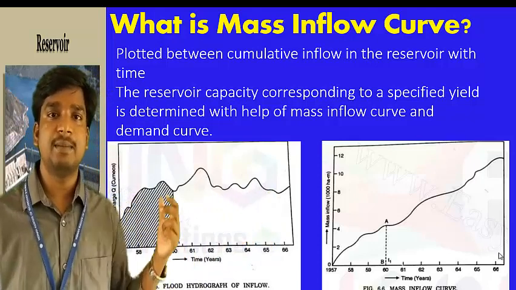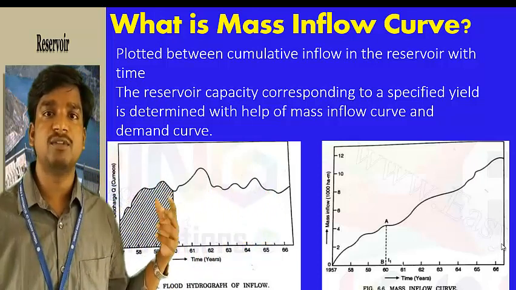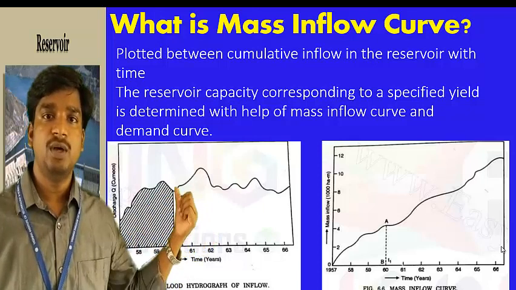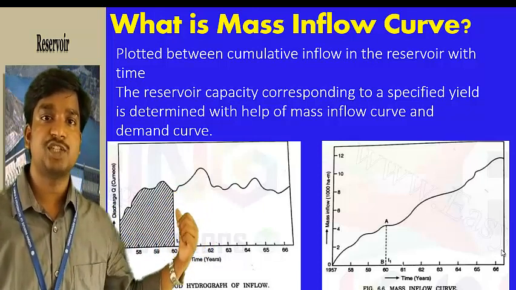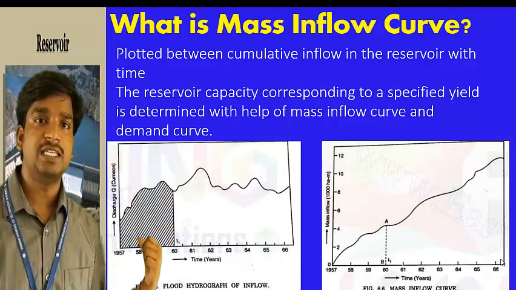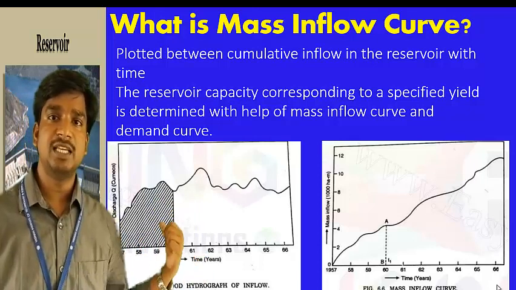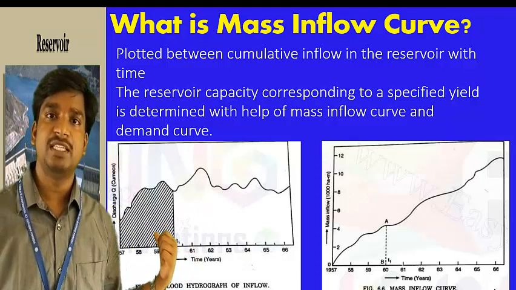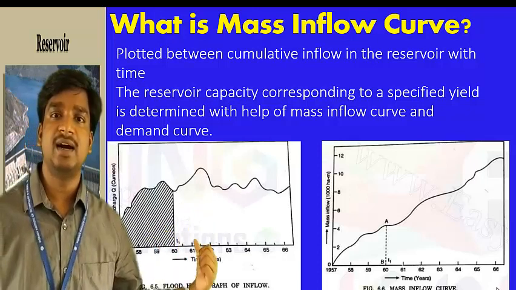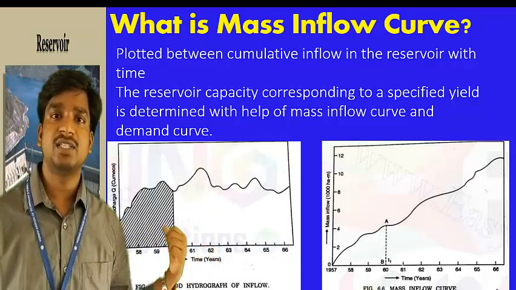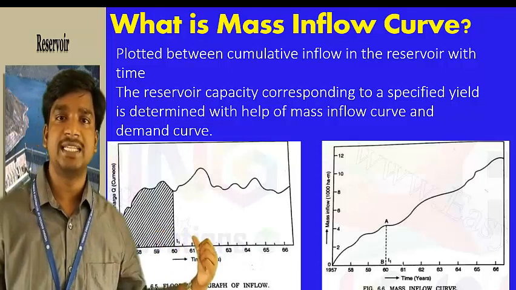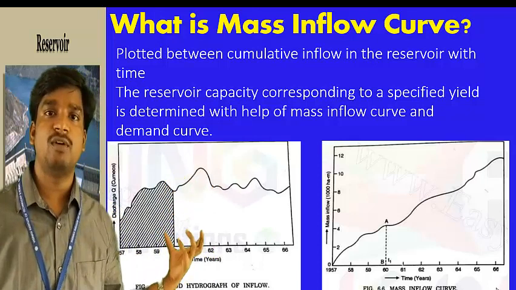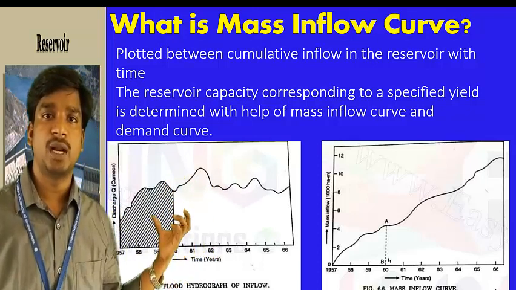Now let us take an example of how a mass inflow curve and a mass demand curve are prepared. In the first figure there is a hatched portion from 1957 to 1960. In this figure, let us assume the base year as 1957 and we are calculating 3 years of data, from 1957 to 1960. So this total portion is hatched. The 3 years of inflow values are hatched in the unit hydrograph.